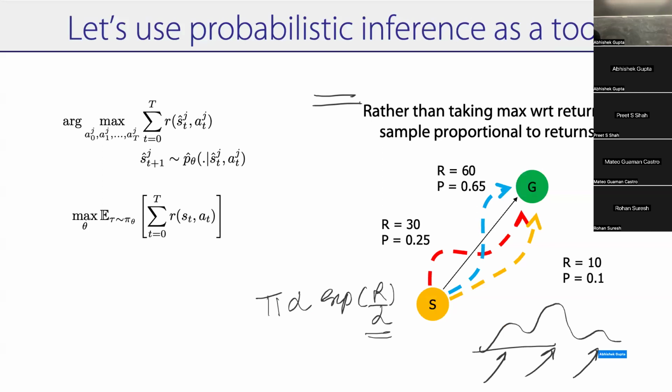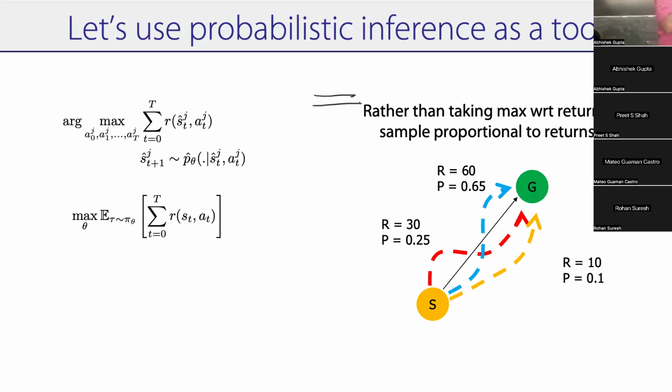But if you jack down the temperature, this is going to become extremely peaky, which essentially becomes like a max, right? And so you can smoothly interpolate from a soft optimality to a hard optimality by just changing the temperature. And we'll get to what temperature means, etc. But just intuitively, you can think of this as proportional to reward. You just change the proportionality term and it jacks up the highest reward.